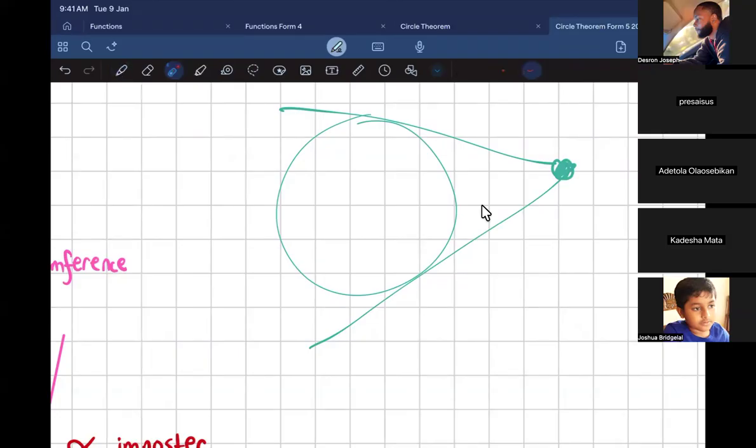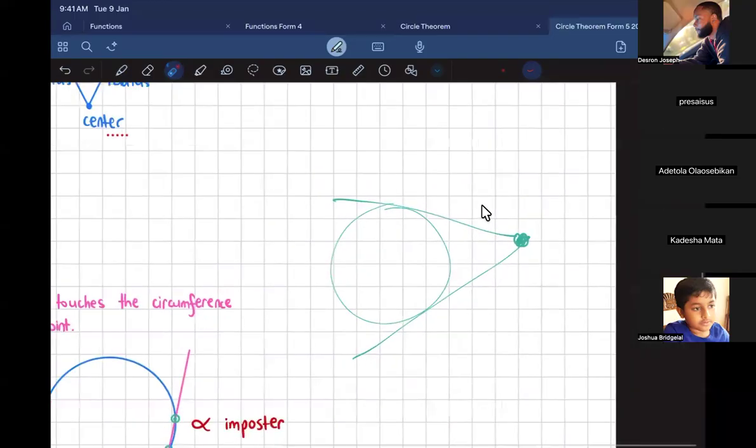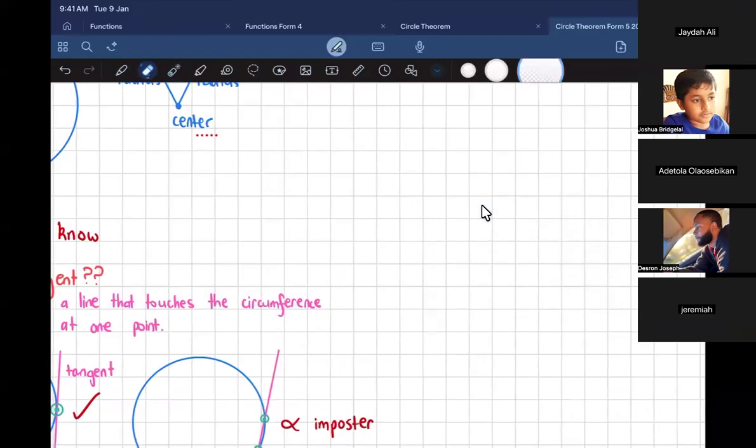All right. So does this line touch the circle at one point? Yes, sir. Right? It's a tangent. Simple. Once it grazes the circle, it's a tangent. Don't let the diagram confuse you. Once the line grazes the circle, it's a tangent.